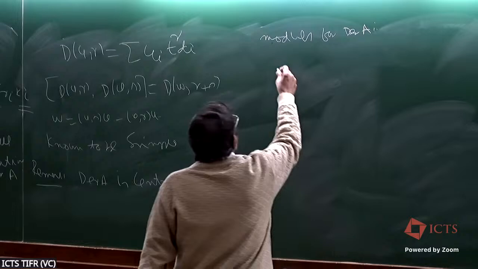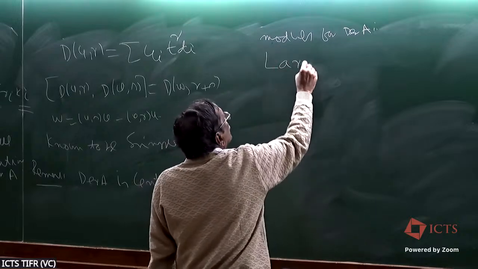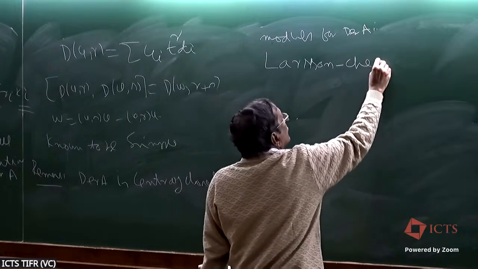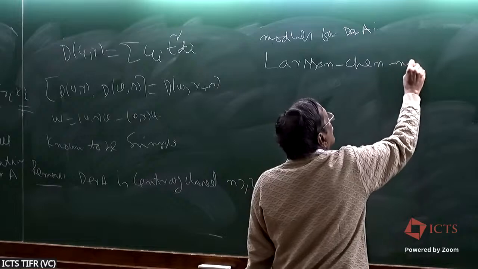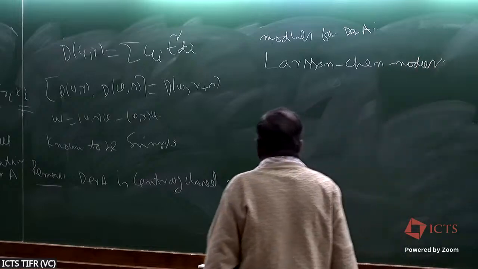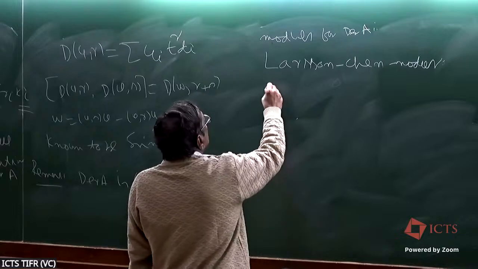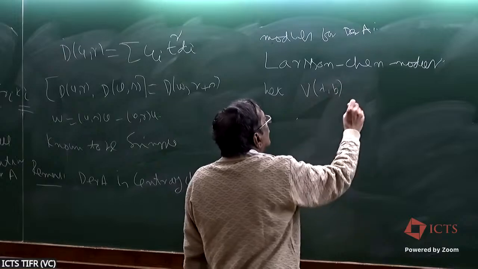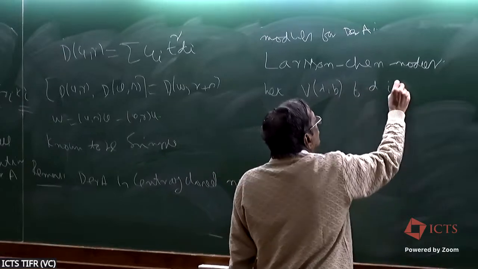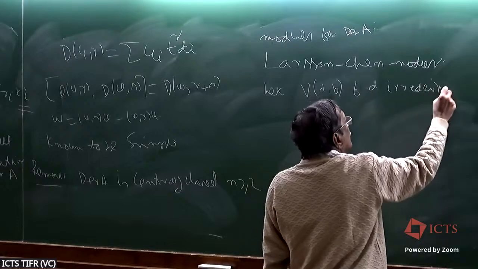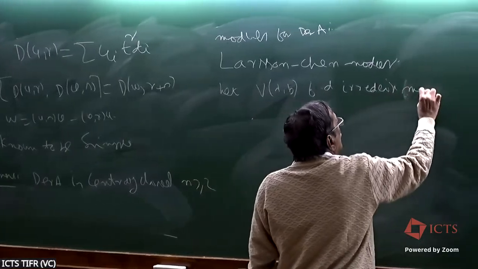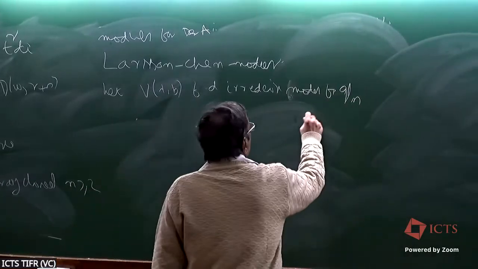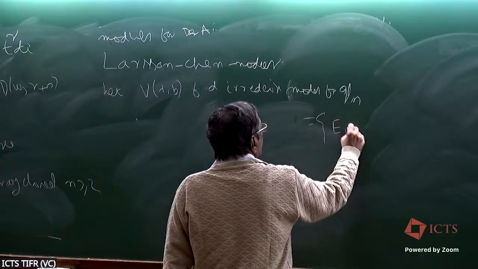So, I got this module from a physicist, Larsson, but it's also done by Shen, the Larsson-Shen module. So, let V(λ, b) be a finite dimensional irreducible module for gl_N(C). You know gl_N(C), right? This is the span of these matrices.